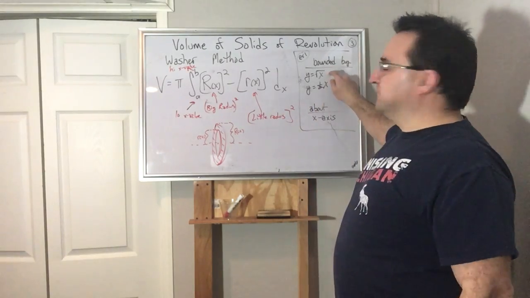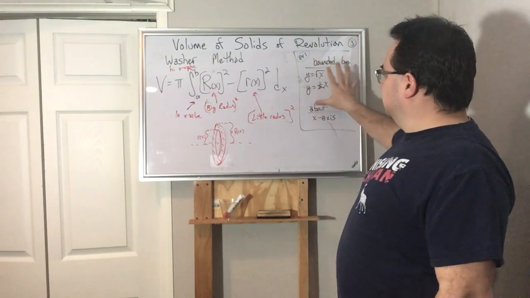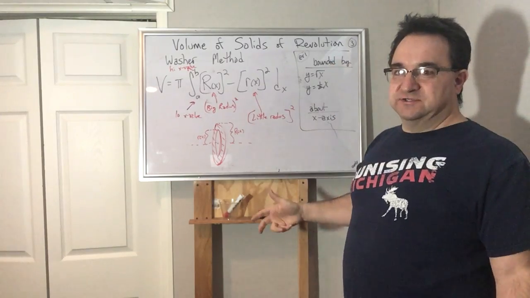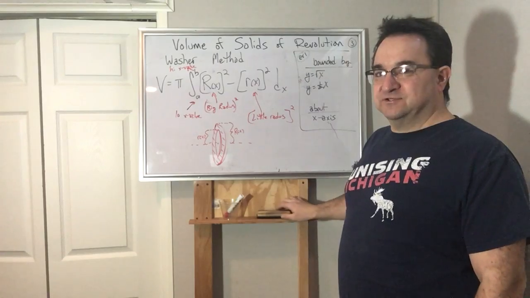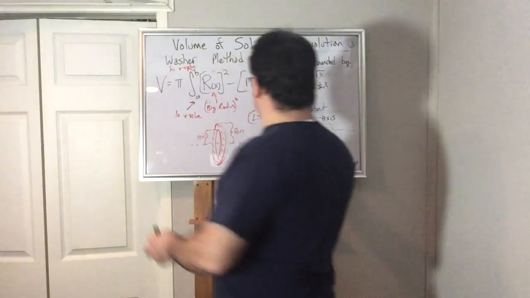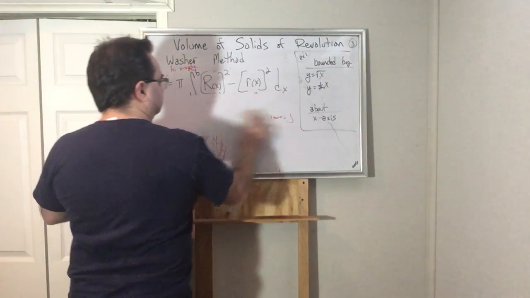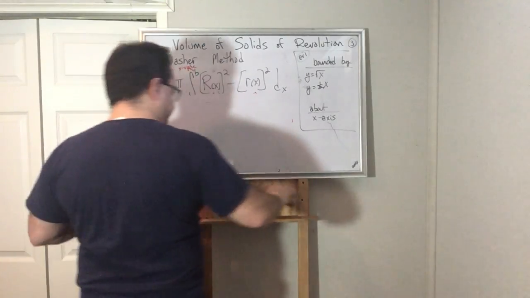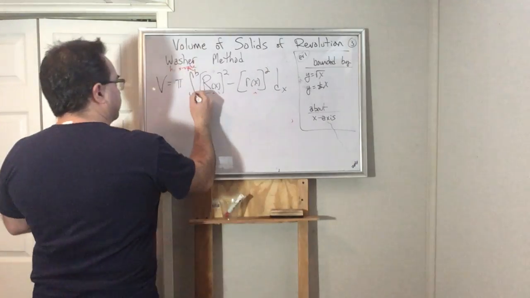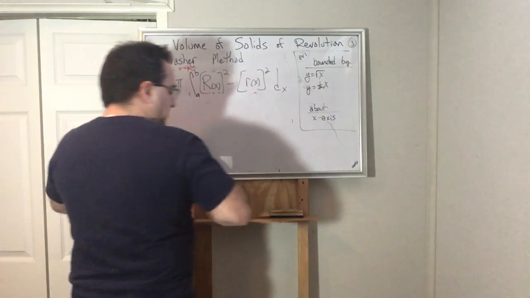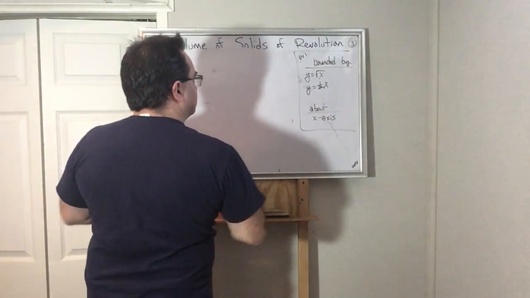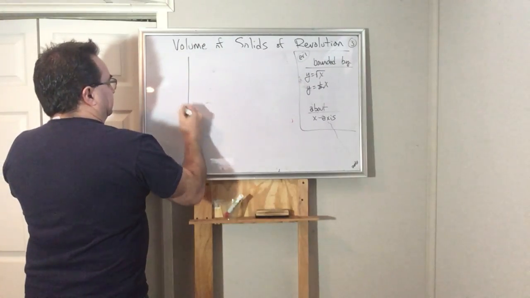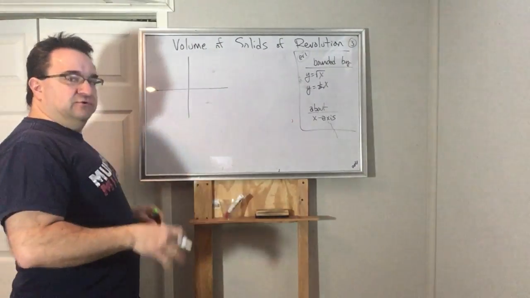Notice we're sticking with our friend square root of x, but all I have is two functions here, and I'm telling you we're going to rotate it about the x-axis. So let's see how this plays out. First thing we do is we sketch the 2D region.